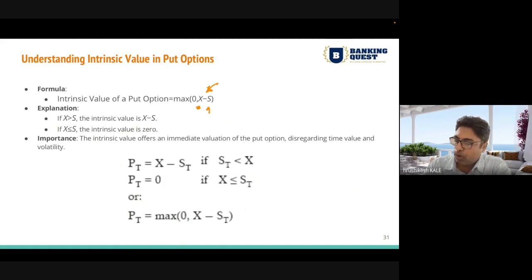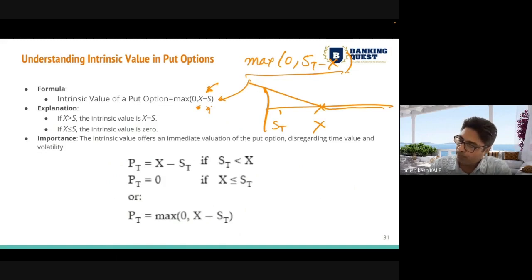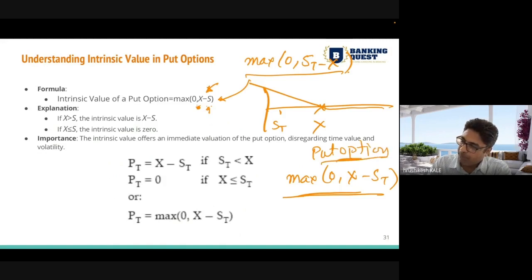So max of 0 comma X minus S, wherein in call option, if you remember, max of 0 comma ST minus X. And that's the only difference between put option and call option, because in put option, if ST is less than X, then only you are in profit. And therefore, max of 0 comma X minus ST, this is the formula for the intrinsic value of put option.